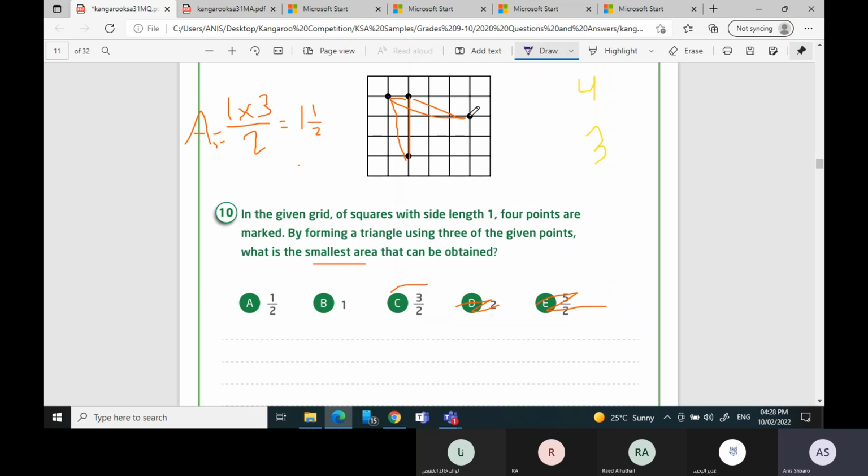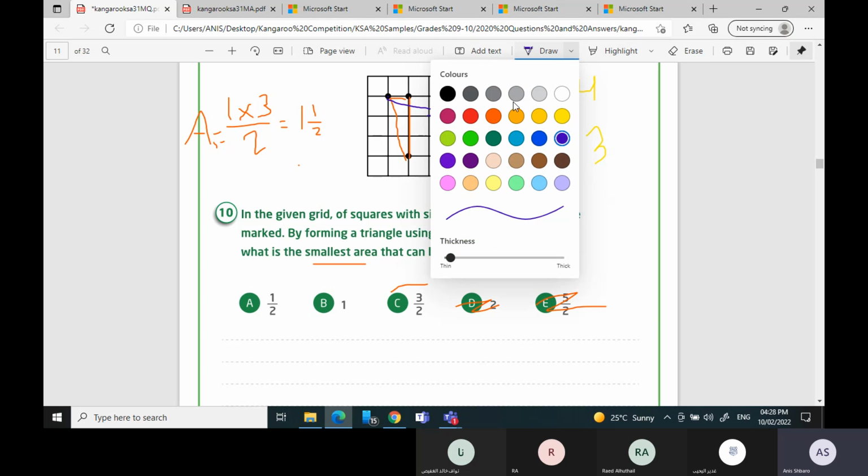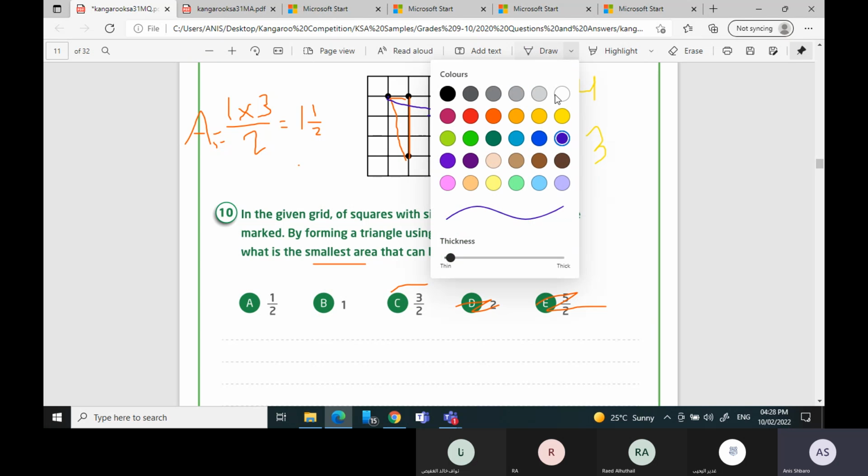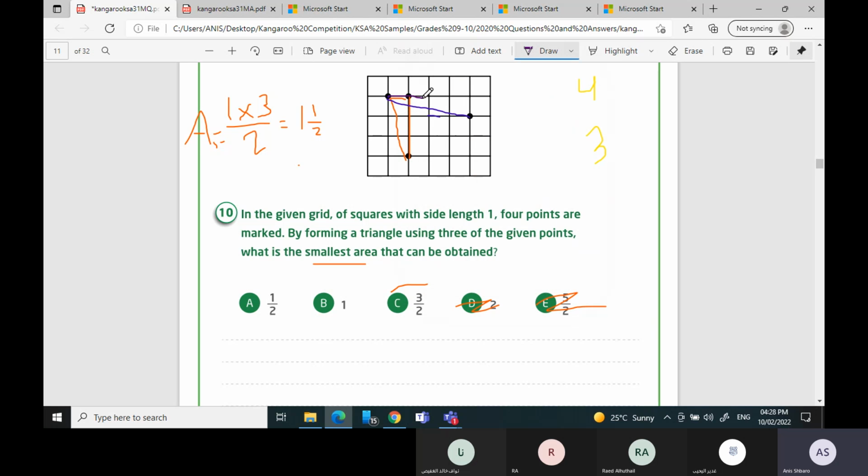So, first of all, if we join these 2 points, it's the lower side. And then I'm going to join the other color to make it clear for you. Okay.